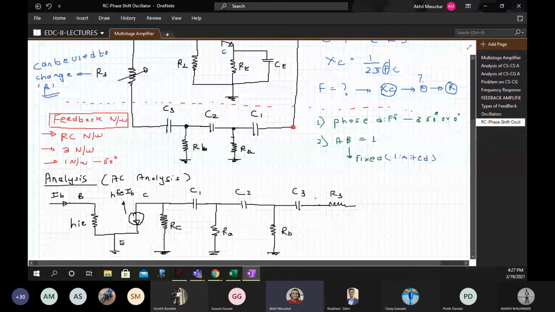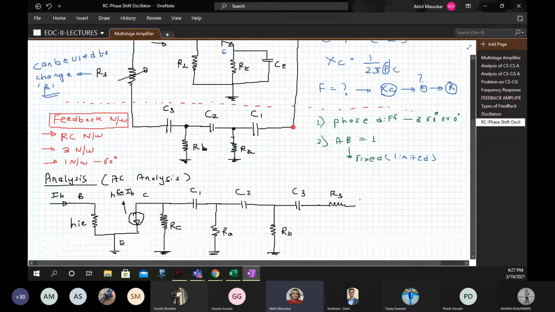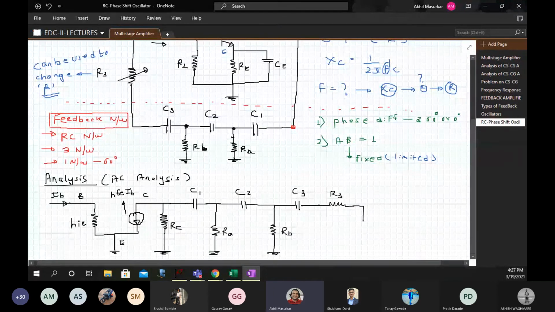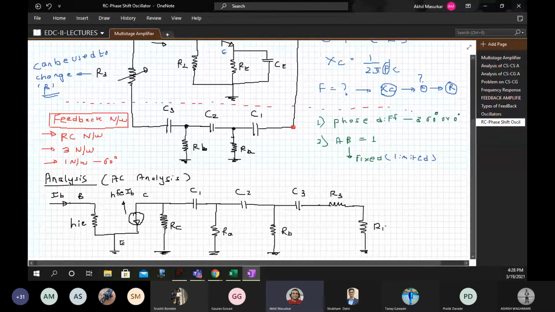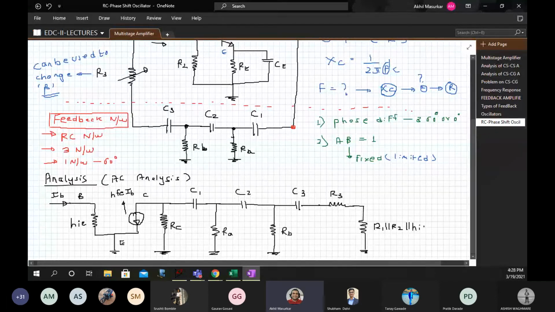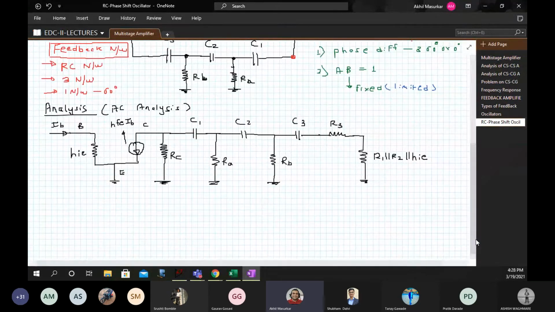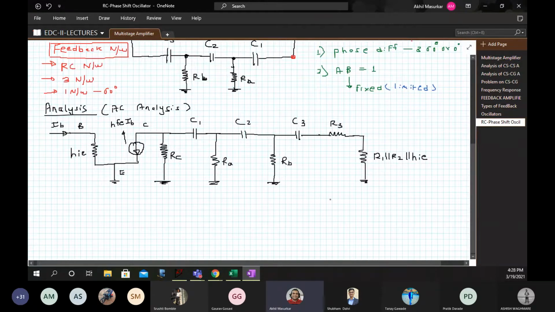Since this is connected to point A, from this side we will see the input impedance of the potential divider circuit, which we can simply write as R1 parallel to R2 parallel to HIE. So this is the AC equivalent of the circuit.